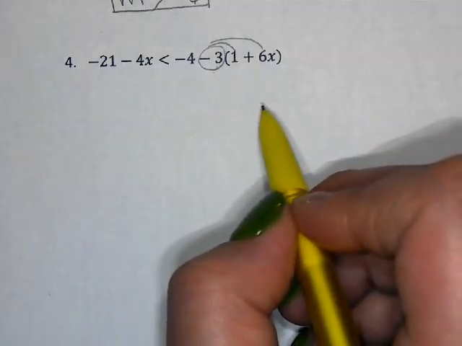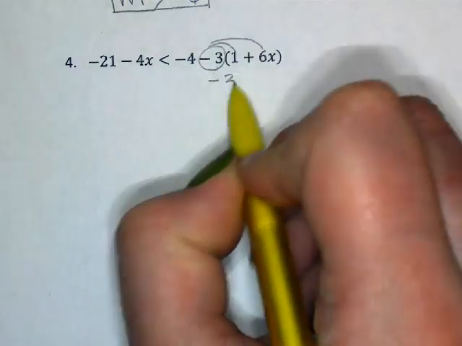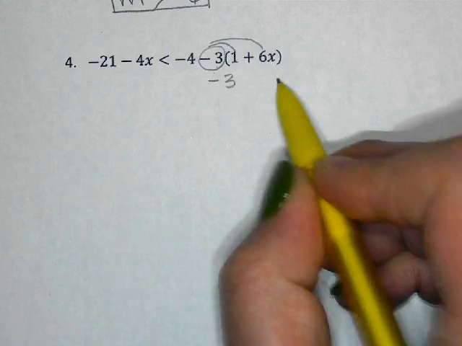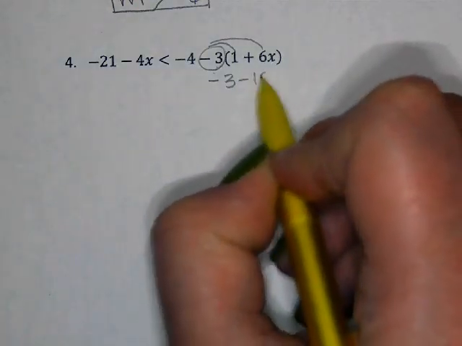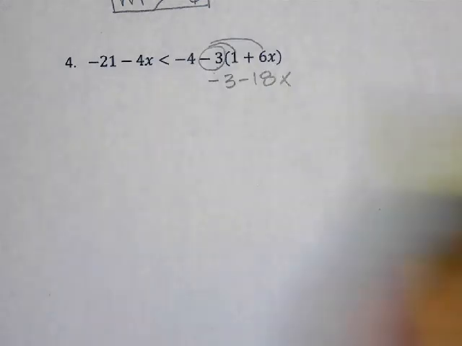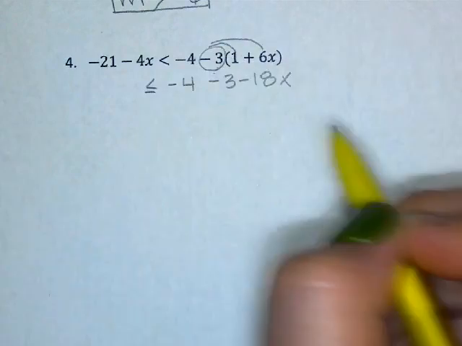Okay. So -3. And then what else do we get? -18. Perfect. Okay. And then I'm going to copy the -4 down. Copy this.